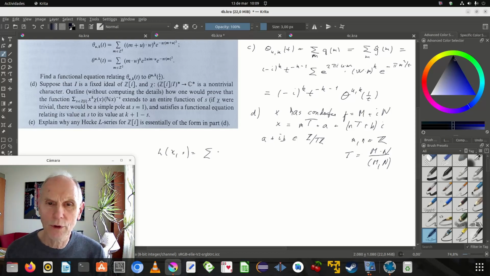I think that'll work. So it's t to kth, m plus a divided by t, to kth, and then the norm of x.